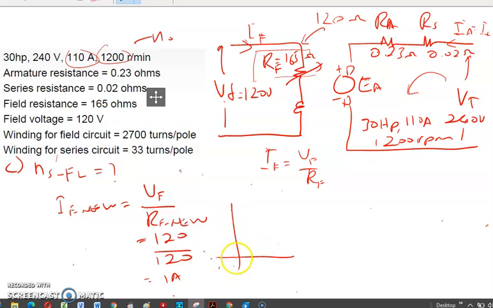Then we go to the magnetization curve with the 1 ampere here. With 1 ampere, we plot the graph.